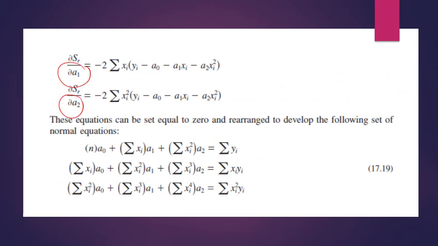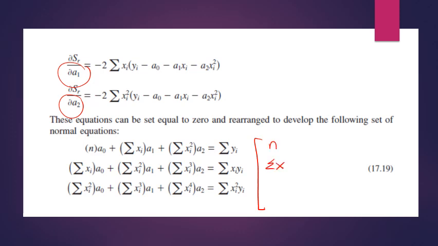And lastly, you will get the new equations, or the new matrix form, which is n times a0 plus summation xi times a1 plus summation xi squared times a2. So we take it out and put it in matrix form, so it is easy to see.